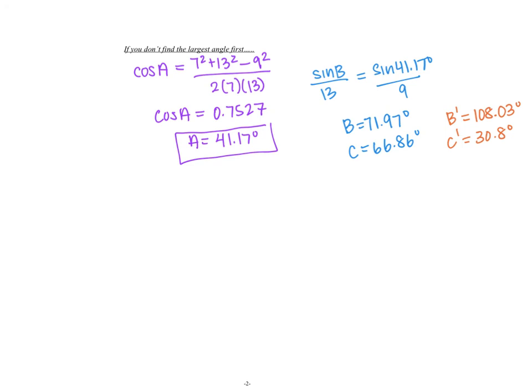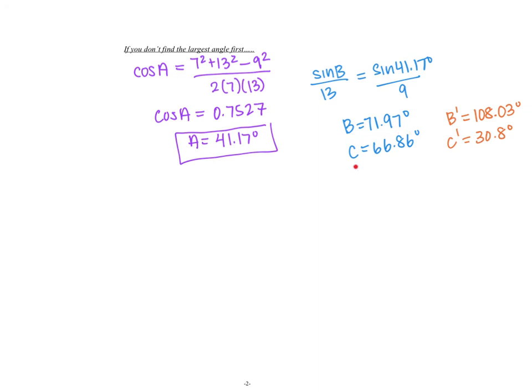The way you want to check if your work is correct is to make sure that the largest angle is opposite the largest side, the medium angle is across from the medium side, and so on. So let's start with the first scenario here. If I have this for A, this for B, and this for C, B is the largest angle. The largest side is 13 across from it, so that seems reasonable.